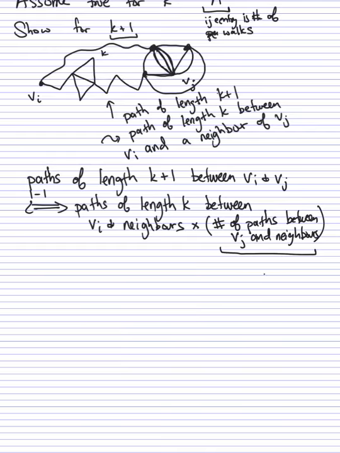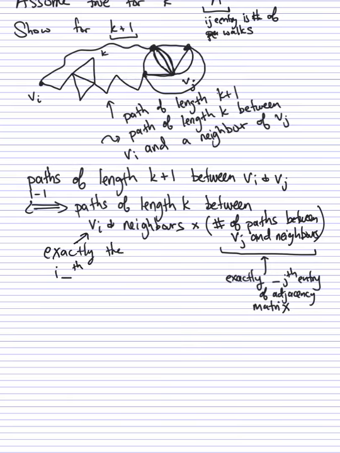Well, this, notice, is exactly the blank jth entry of the adjacency matrix. This is exactly what the adjacency matrix is counting, the number of paths between vj and its neighbors. On the other hand, these are exactly the i blank entries of the adjacency matrix A to the k, by induction.